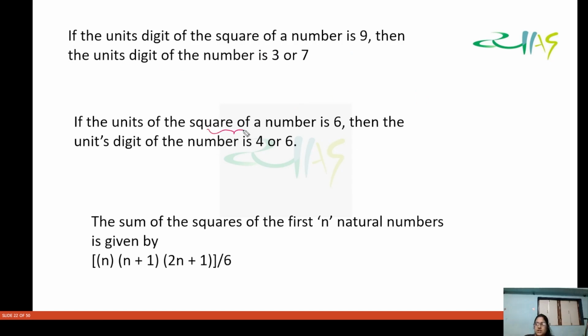If the unit digit of the square of a number is 6, then the unit digit of the number is 4 or 6.